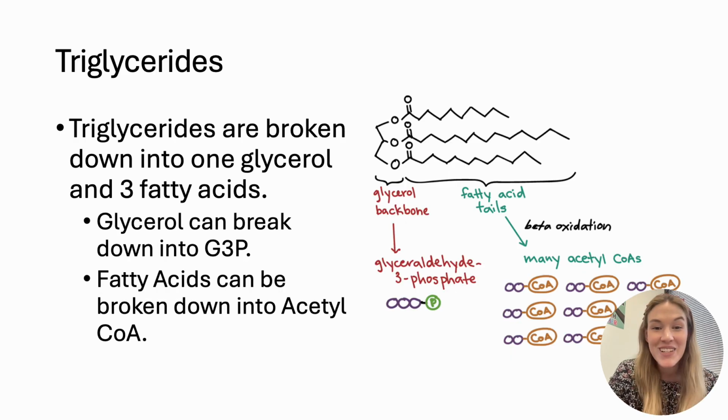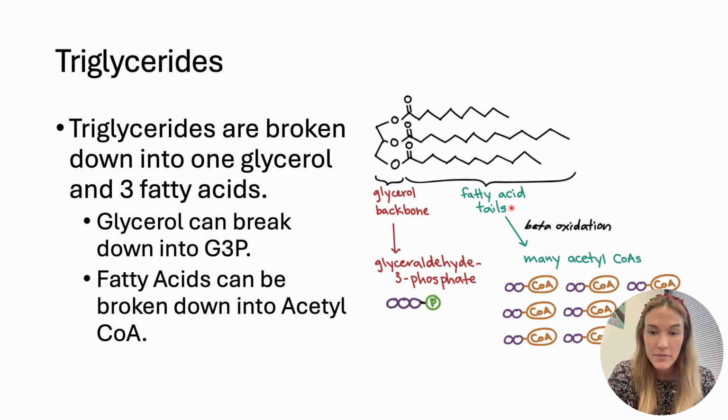Now, we've talked a lot about the oxidation of glucose, but it turns out we can eat other stuff. We don't just eat sugar. We eat fats, we eat proteins, all that stuff. And so you have to understand that they're getting broken down too. And they actually don't really have a different pathway. They just have a different way to get through the pathway. So in the case of triglycerides, they have a glycerol backbone and then fatty acids.